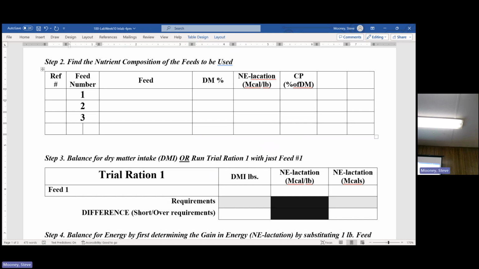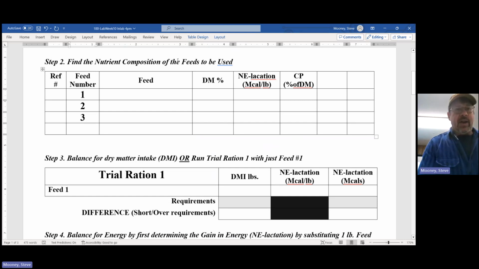Okay, so I'm going to give you a grass silage, a cracked corn, and a soybean meal. Which one's going to be which? Grass silage is probably going to be number 1. You've got corn versus soybeans. Corn's going to be our 2. Soybeans going to be our 3.